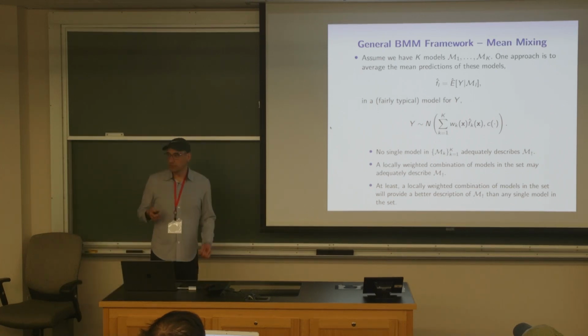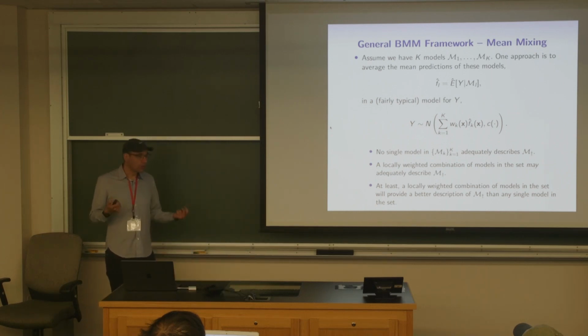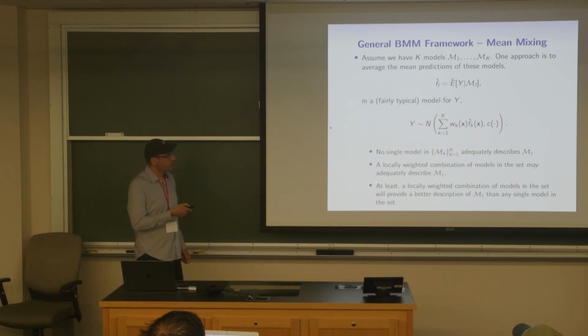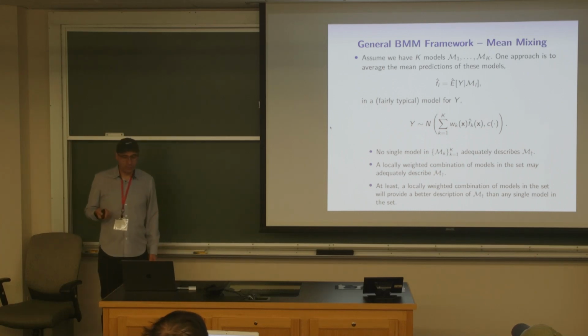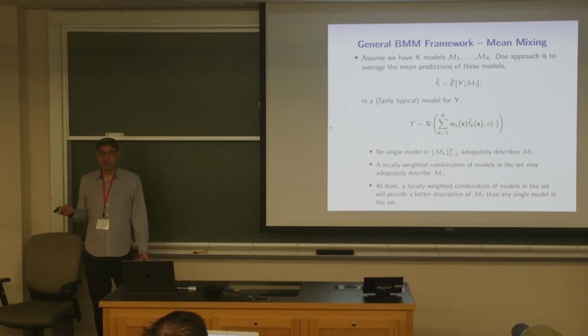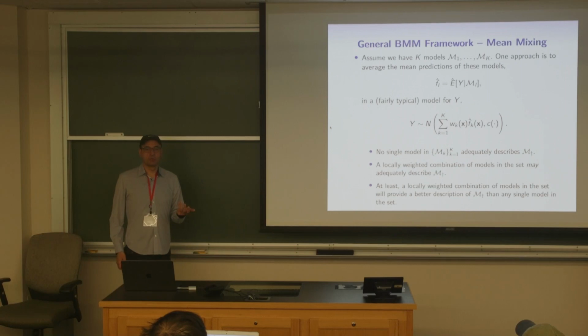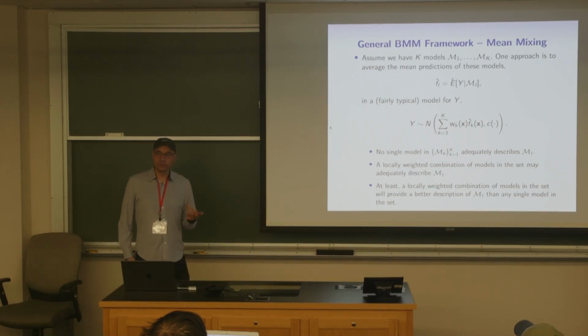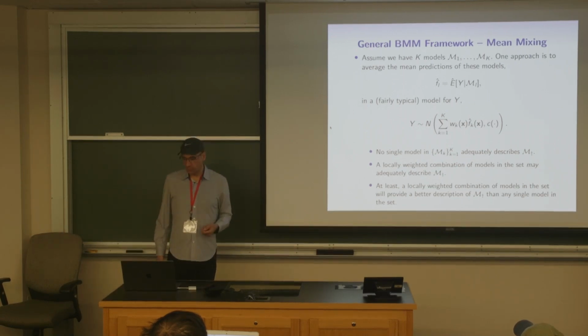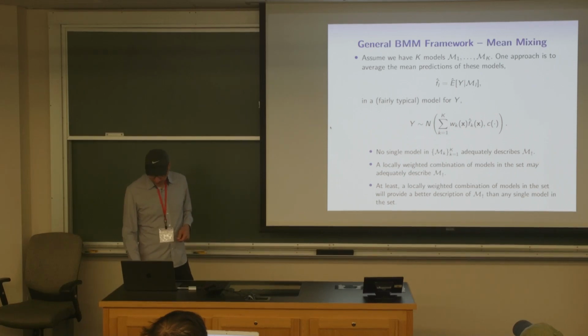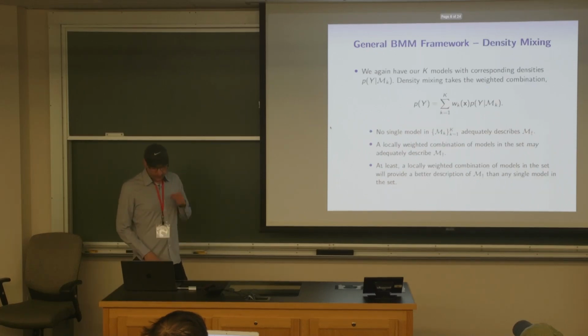That would be the best case scenario. Or, at the very least, a locally weighted combination of the models in the set will provide a better description of m-Dagger than any single model in the set will. And maybe we can identify where even all the models in our set locally don't provide a good description, and where in the input space that occurs.